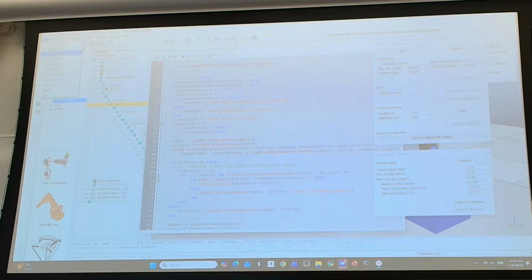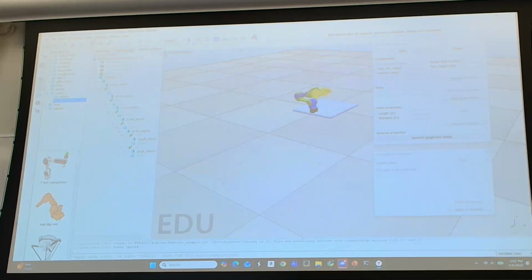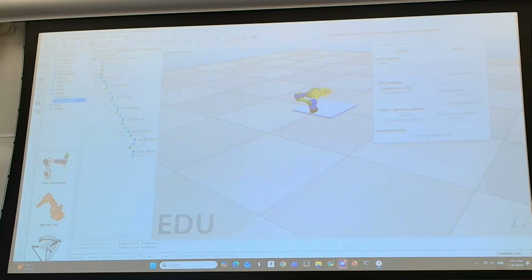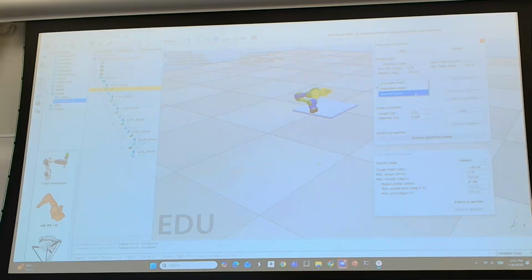In fact, if we look at this guy right here, this was the code for that, and those modes are set to dynamic. Controlling position now.